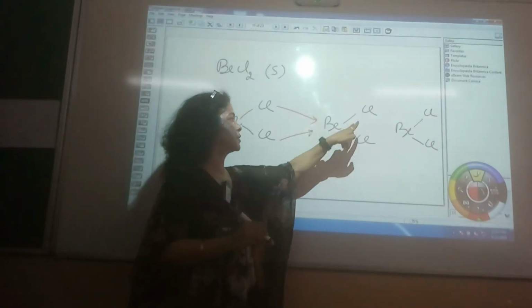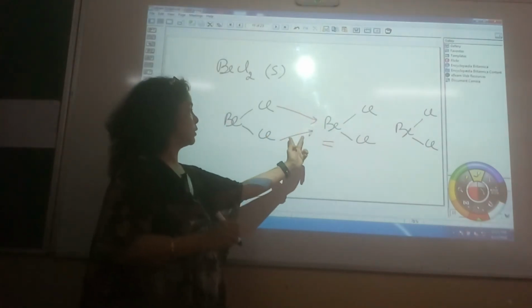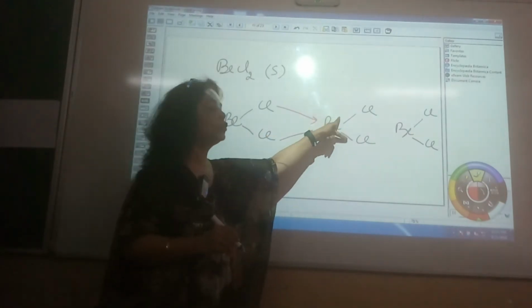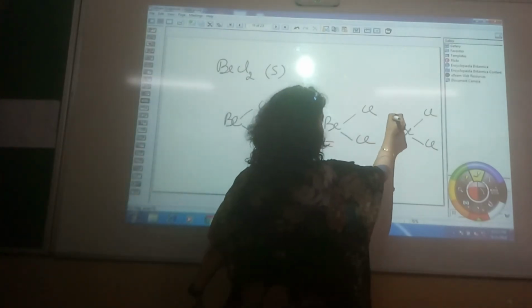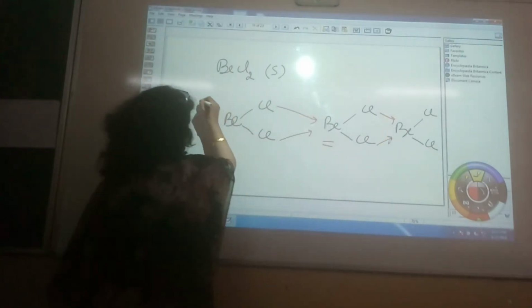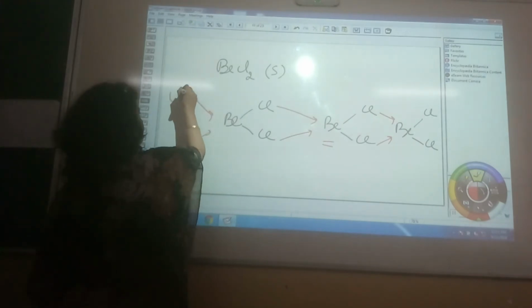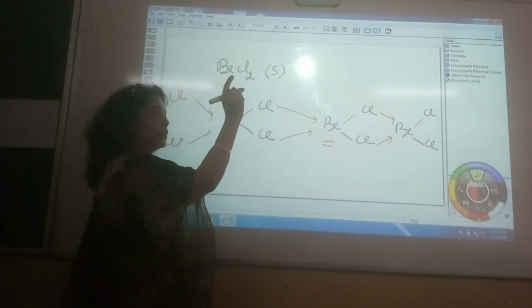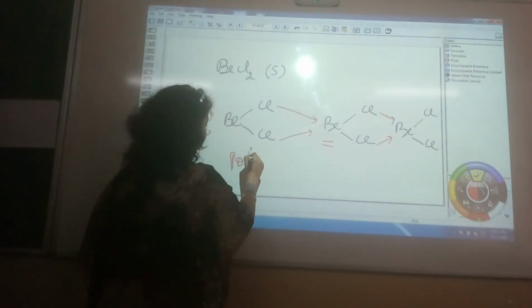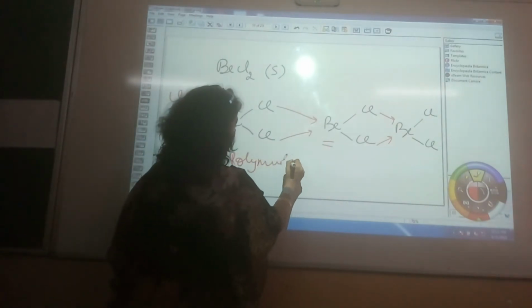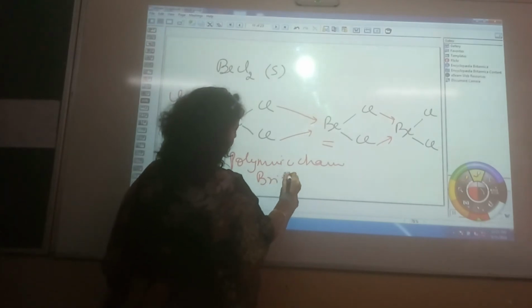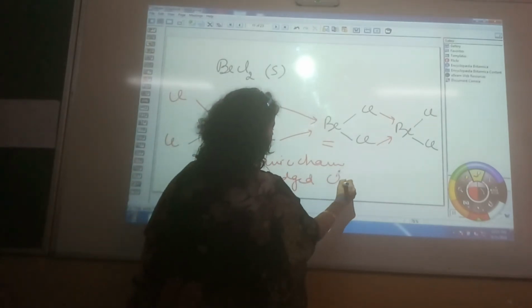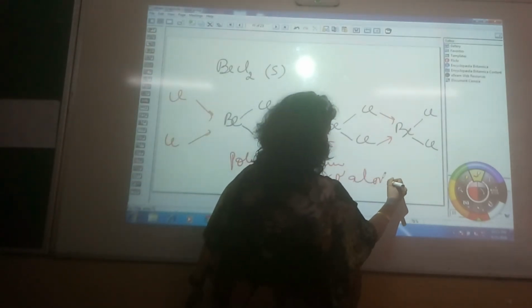Now this beryllium has 2 plus 2, 4 plus 2, 6 plus 2, 8 electrons around it, 2 via covalent bonds and 2 via coordinate bonds. And this continues. From the other 2 Cl atoms of the other molecule, you would have a polymeric chain formed, a chain which has bridged Cl atoms.